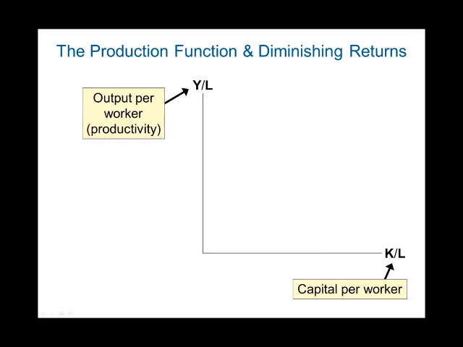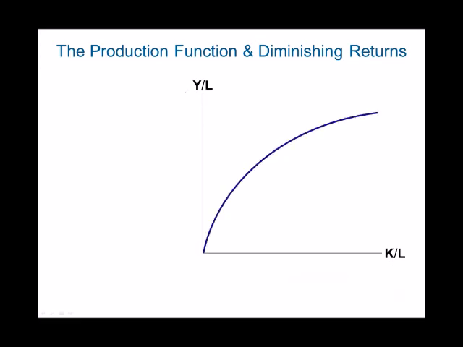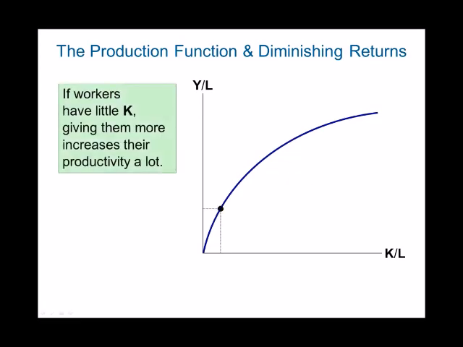If we draw a graph where the y-axis is output per worker or productivity and the x-axis is capital per worker, it will look something like this. Initially, if workers have very little capital and you give them some capital, let's say 1 unit increase of capital, their productivity is going to go up quite a bit.